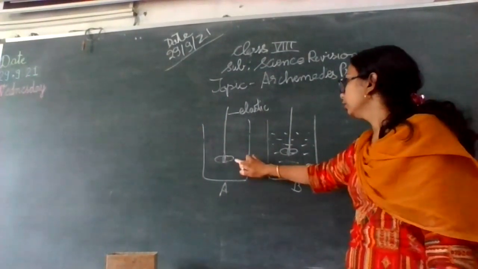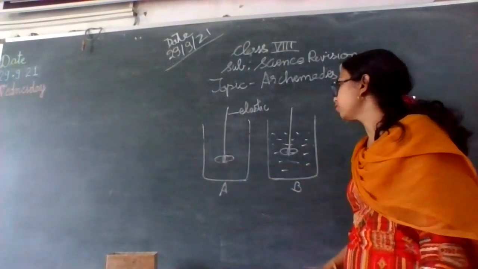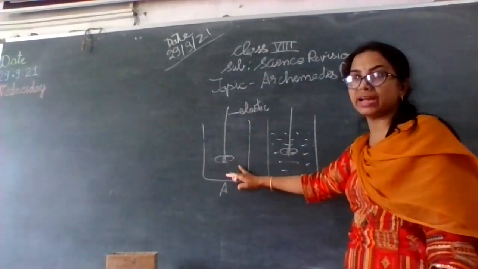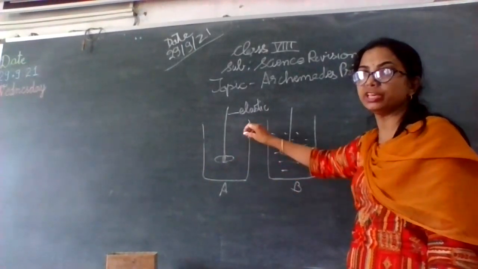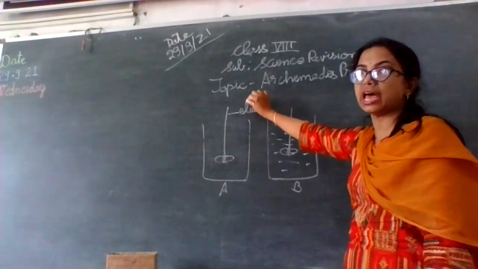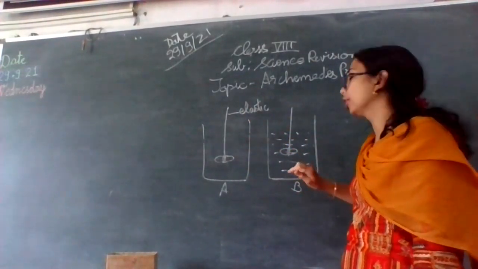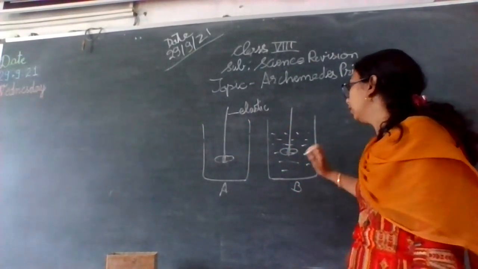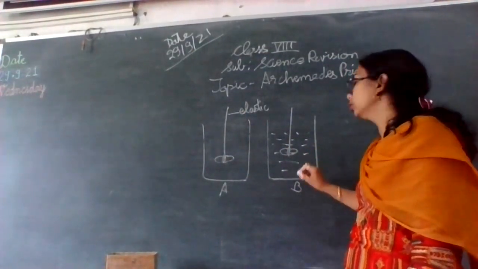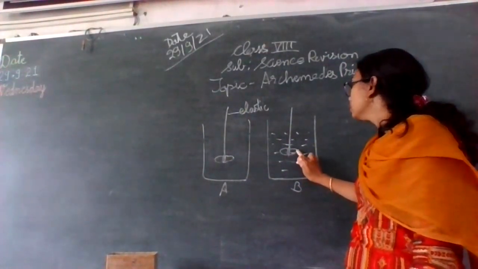You can see the stone in the first case was much deeper in the beaker and this elastic was much elongated. But when water was there in the beaker, what happened?